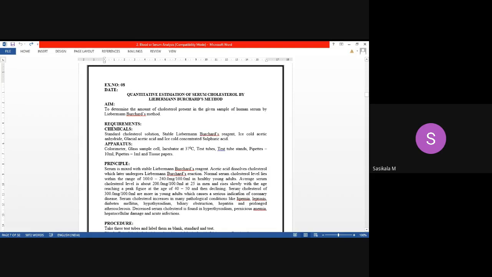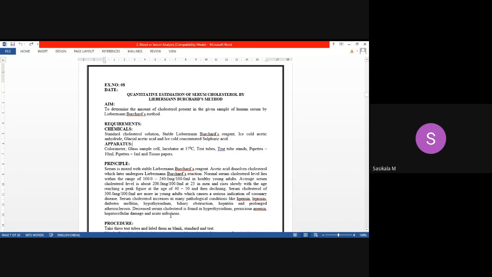Then a serum cholesterol of 300 milligram per deciliter or more in young adults is a serious indication of coronary disease. So 300 milligram is the indication of coronary disease. Coronary means heart diseases. Serum cholesterol increases in many pathological conditions like lipemia, leprosis, diabetes mellitus, hypothyroidism, biliary obstruction, hepatitis, and prolonged atherosclerosis. These are all lipid metabolic disorders.